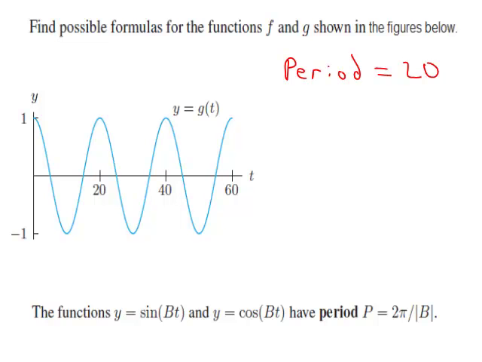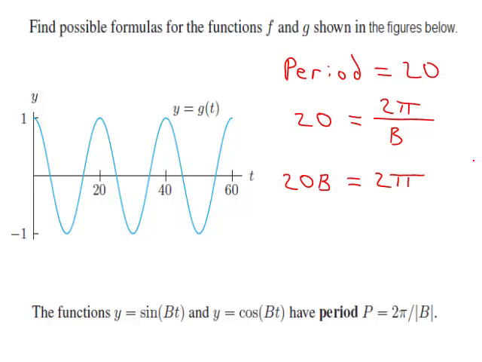Now, just as we did for our last graph, what we will need to find is our constant b. So we will state that p is 20 and p is equal to 2 pi divided by b. So if we solve for b, we'll have to multiply both sides by b, and we'll have 20 times b equal to 2 pi.